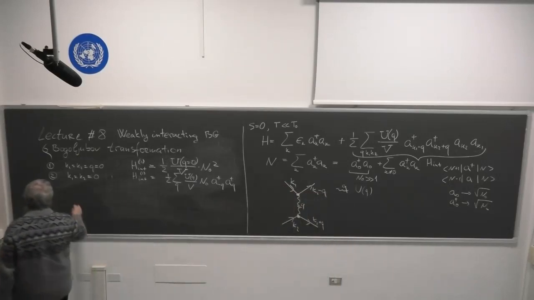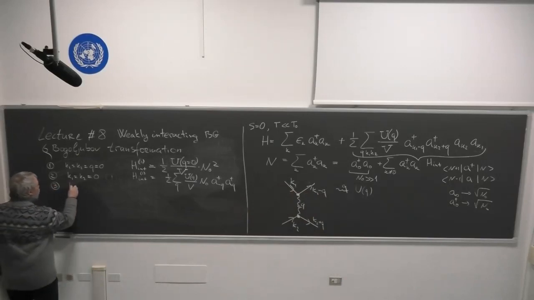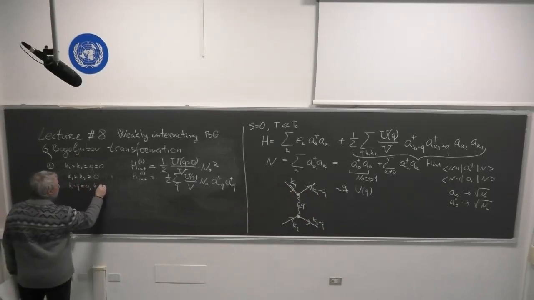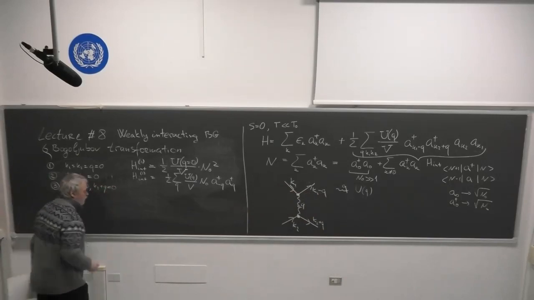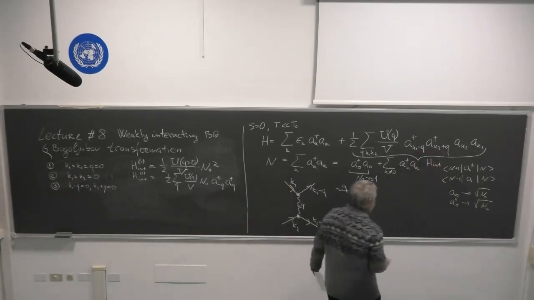So, number 3, I can consider K1 minus Q equal to 0 and K2 plus Q equal to 0. Namely, I will consider these two arguments equal to 0.